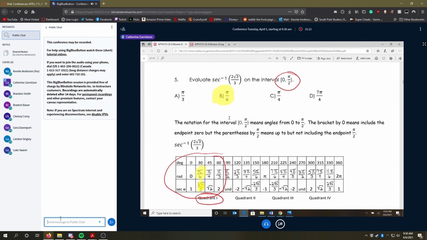Now, I know that the endpoints were not the answers, but I'm just saying, had they been the answer, I've had students say, but why would I not have put pi over 2 if that was an answer? And the parentheses would say, no, don't include the endpoint.